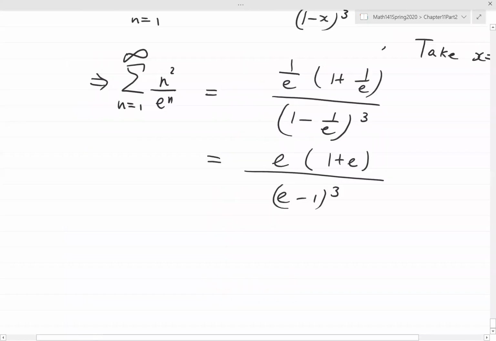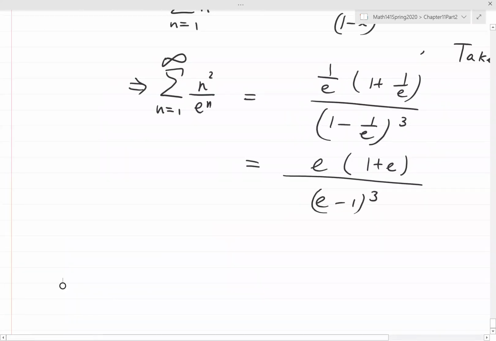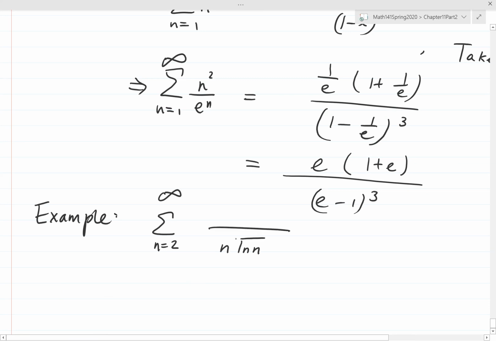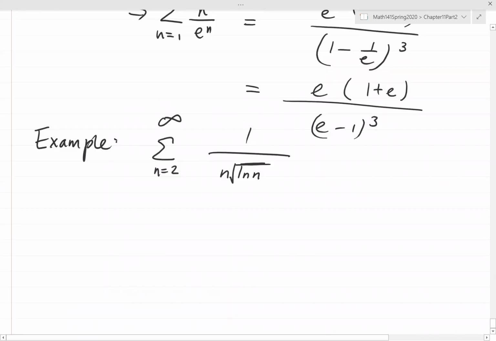More examples. Actually, we did talk about this example earlier. Here a_n is 1 over n square root of log n.